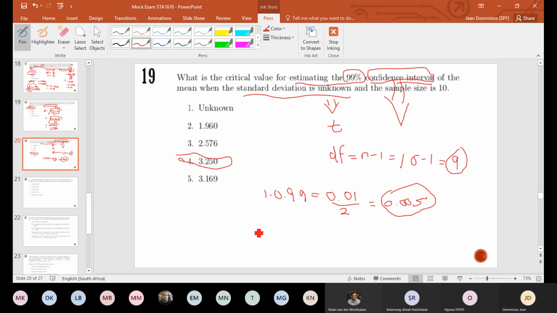Okay. So for question 19, 99%, but we need to still divide it by 2. I think that was the catch in this one. You're working with the degrees of freedom of 9, but you need to look for 0.005.